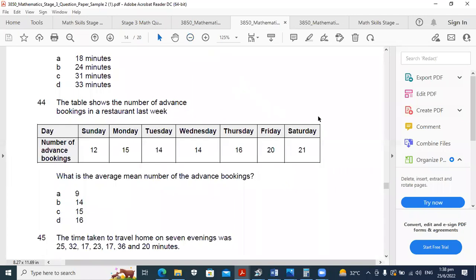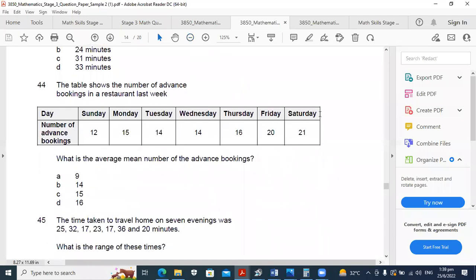Let's look at 44. Well, what you're going to do is add up all those numbers and divide it by what? By 7.